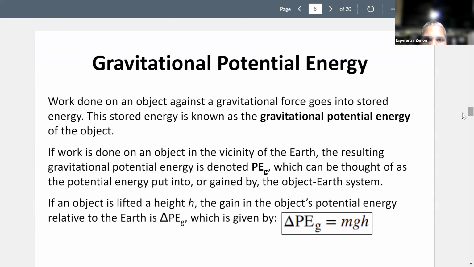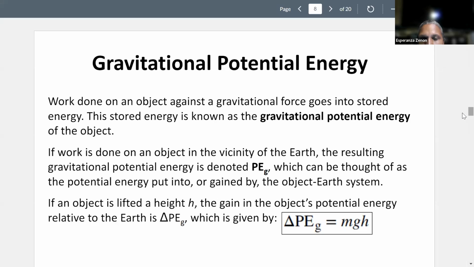Gravitational potential energy, that's another type of energy. Kinetic energy, 1/2 mv squared. Gravitational potential energy, mgh. So whenever we do work against gravity, an object stores up energy. Another way to say that is when we lift an object to a certain height, that object stores up energy based on its height.